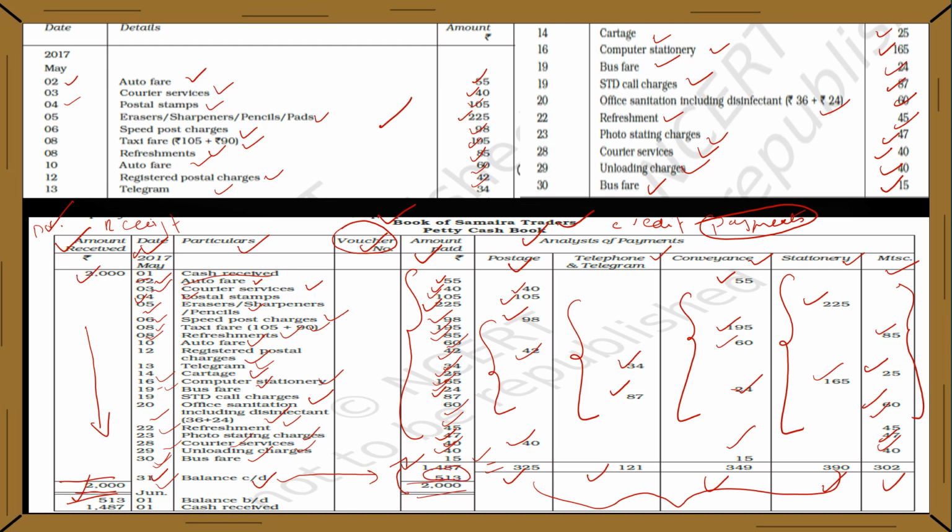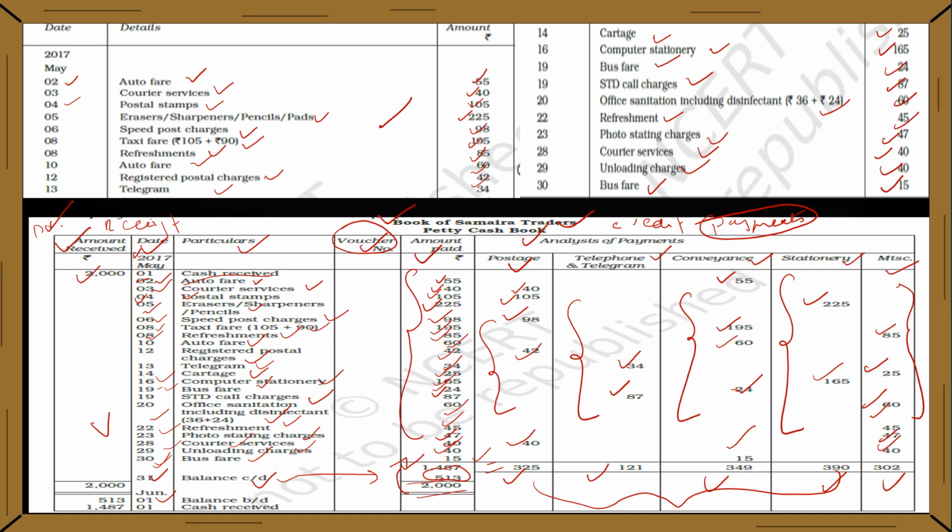On 1st June, balance brought down is onto the left side, amount received column, we have to take the balance brought down. I'll rub everything so that it will be easier for you to understand. See, on 31st May, balance carried down is 513. This has to be brought down to the next month.